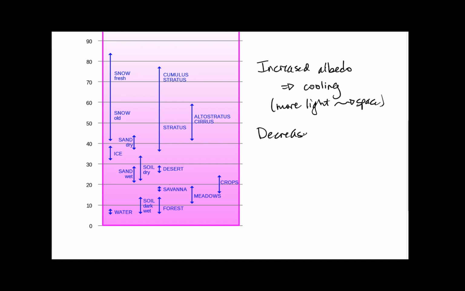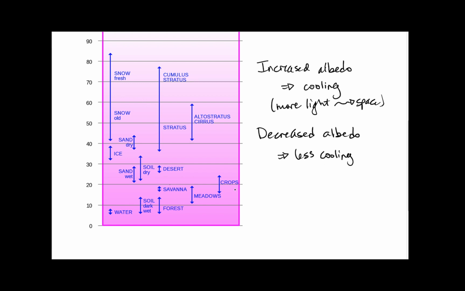So remember that increased albedo means generally cooling because more light is reflected back into space. And if we have decreased albedo, then this is going to be less cooling, I suppose. Not actually warming, but less cooling as we have less light reflected.